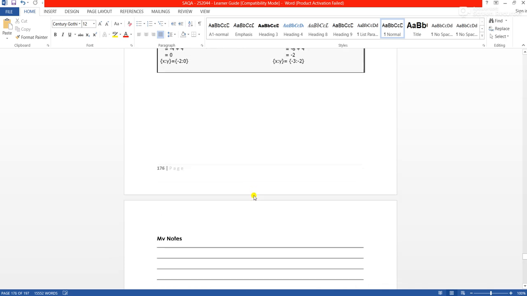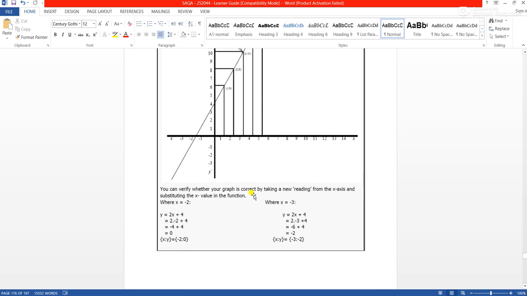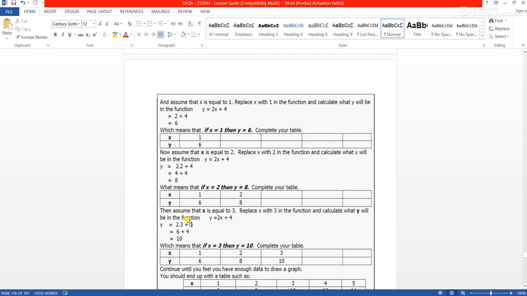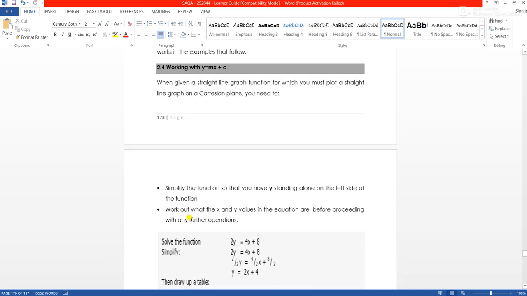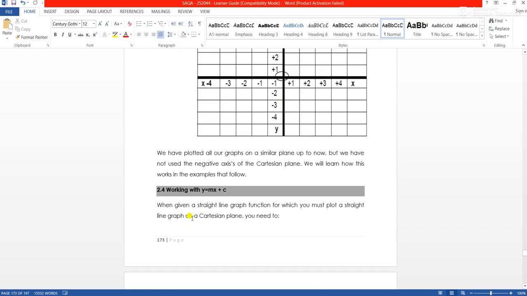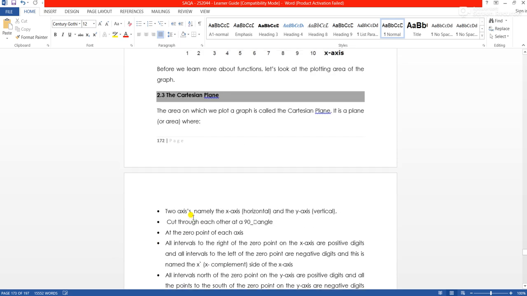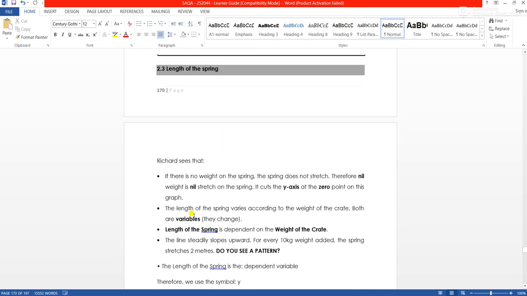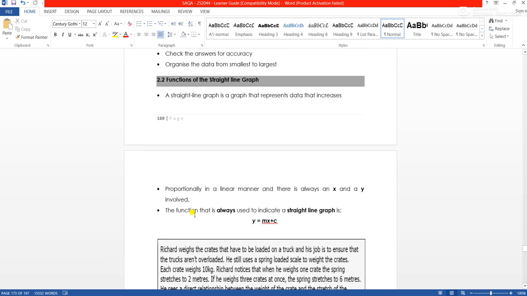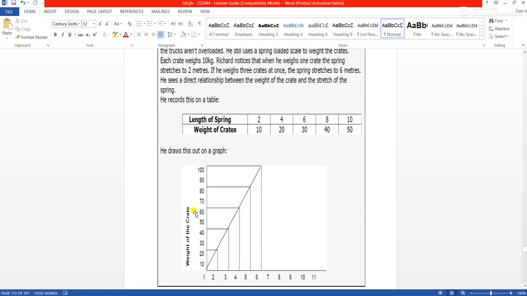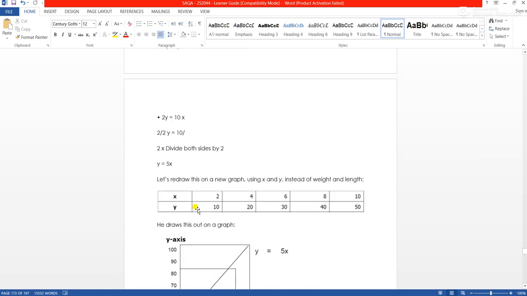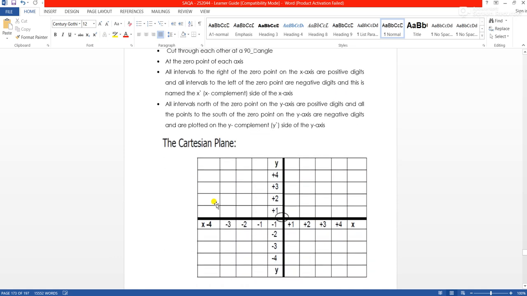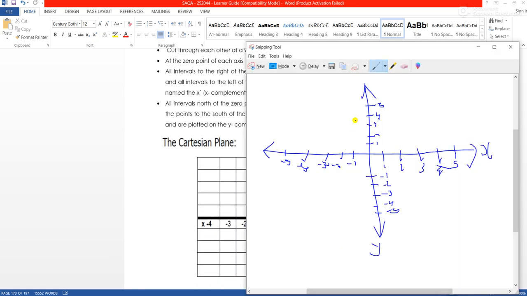Okay, this one, let's check out this one. We're given a straight line graph, and we had to plot it. Okay, oh yeah, I see it.